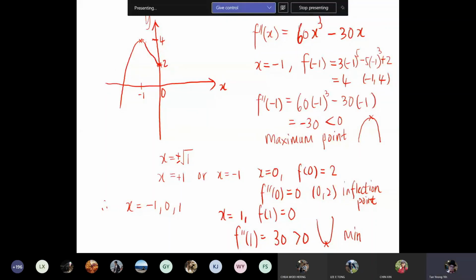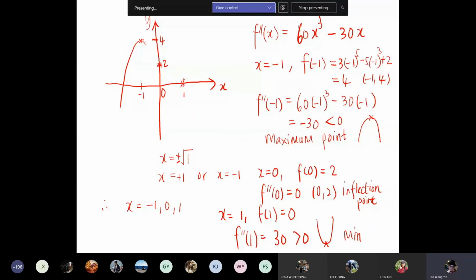So go down again. And when we have this point, 0 and 2, is the inflection point. And when we have this point, 1 and 0, is here. And this point is the minimum point.